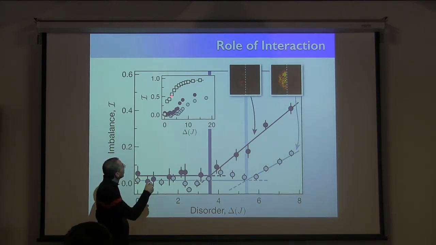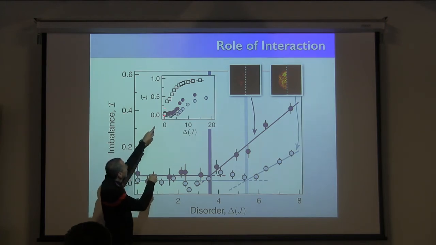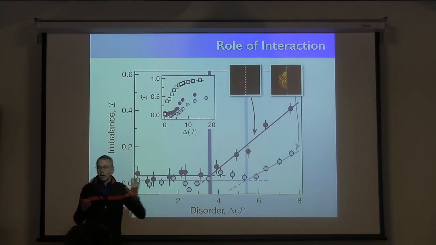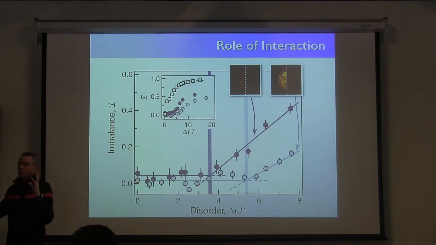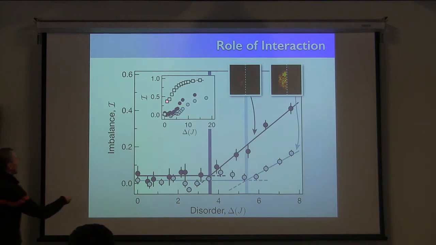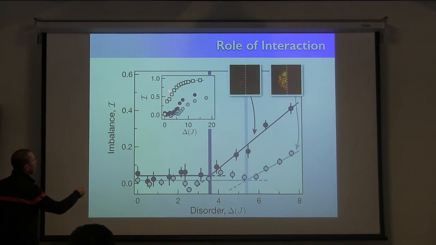Okay, and that's basically what you can see here calculated from numerics. So this is what numerics expects for the non-interacting curve. You ask why are there no data points here? Well, that's just basically when the system size becomes smaller than the localization length. So the system just has to be made larger. But I think what's important here is that arbitrarily weak disorder immediately leads to non-zero imbalance, whereas the interacting case behaves completely different.